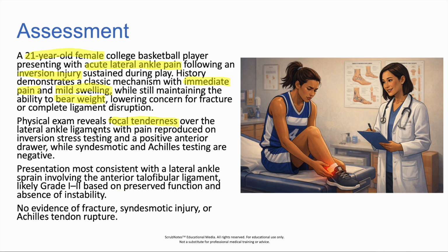Physical exam today revealed focal tenderness over the lateral ankle ligaments, with pain reproduced on inversion stress testing and a positive anterior drawer, while syndesmotic and Achilles testing are negative. Presentation is most consistent with a lateral ankle sprain involving the ATFL ligament, likely a grade 1 or 2 based on preserved function and absence of instability. There's no evidence of fracture, syndesmotic injury, or an Achilles tendon rupture here.